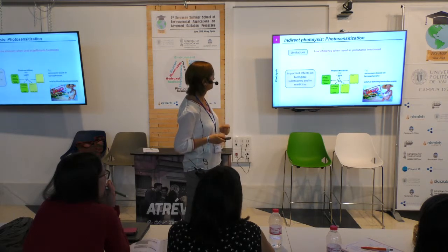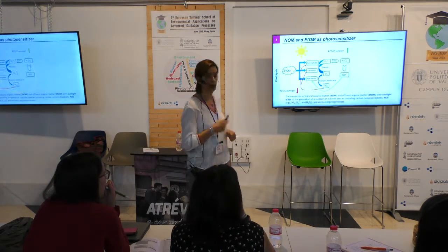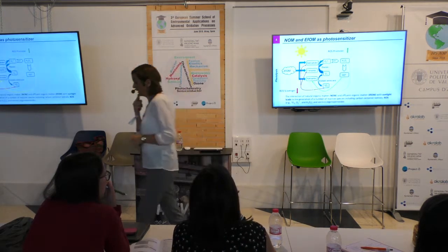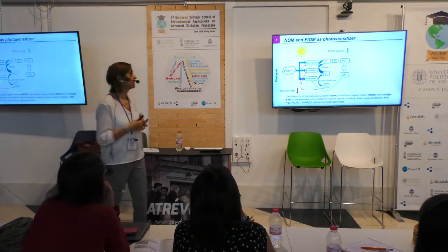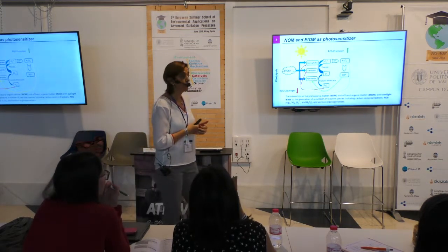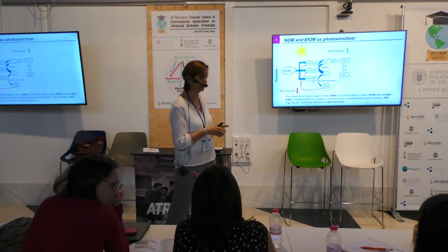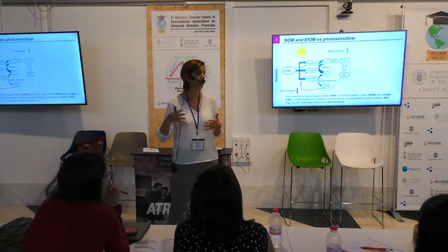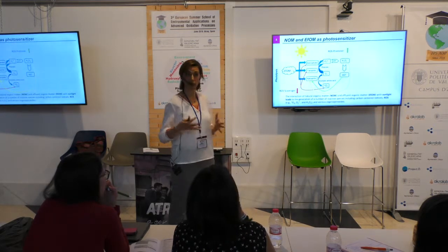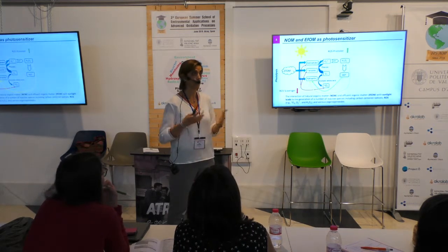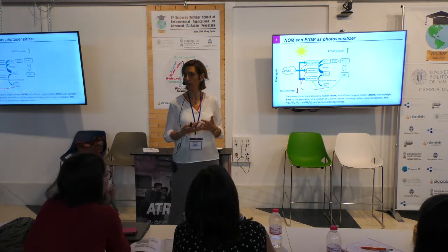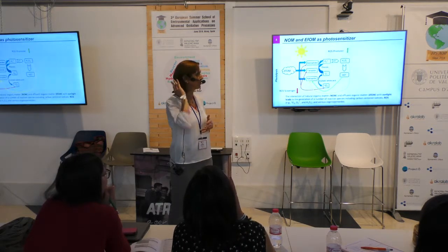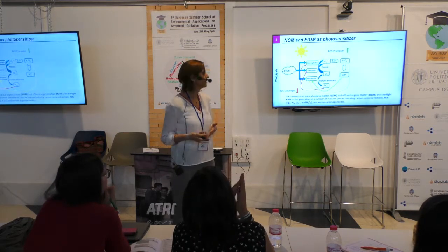So this is an important topic, and recently, in the last years, there are many works dealing with the capacity of natural organic matter and effluent organic matter as photosensitizers. We have to deal with organic matter when we want to remove contaminants in real waters.